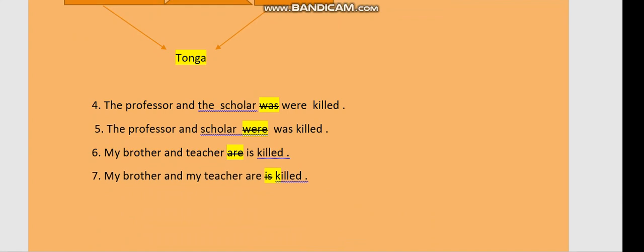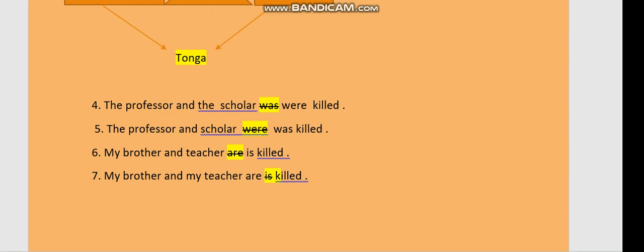That's why our helping verb should be plural. So the right answer for this sentence is: the professor and the scholar were killed, not was killed, because they are two persons. If it is the professor and scholar, it means one person who is a professor as well as a scholar, was killed, not were killed, because the subject is singular.